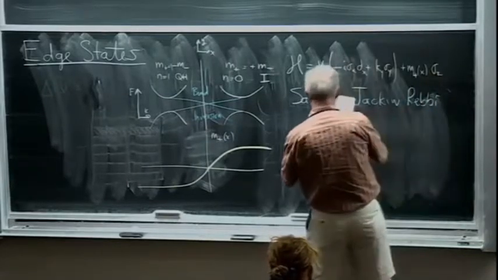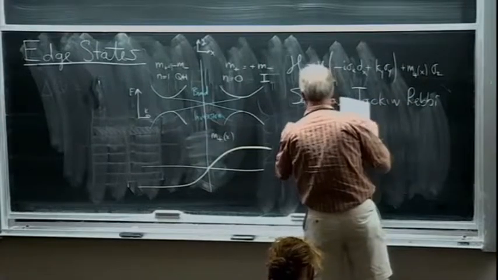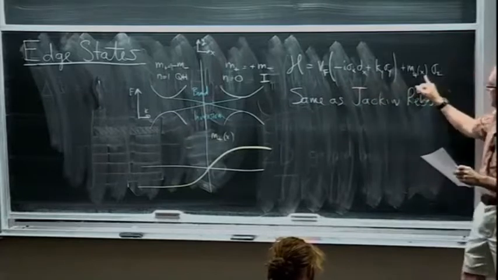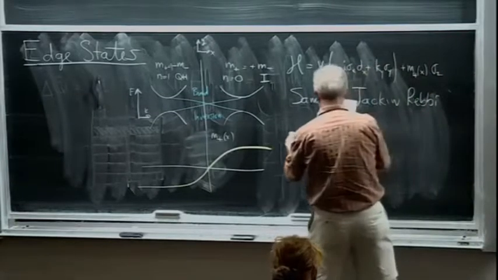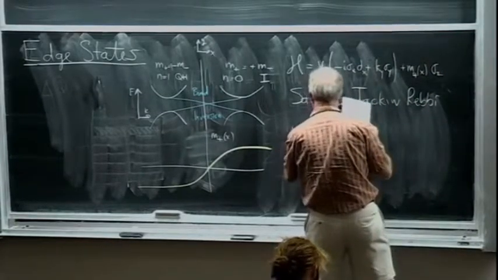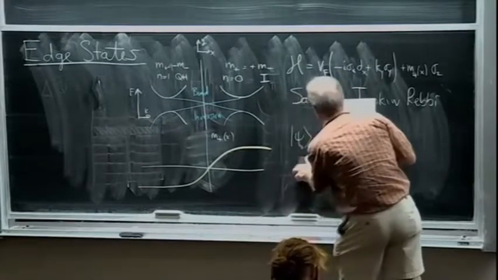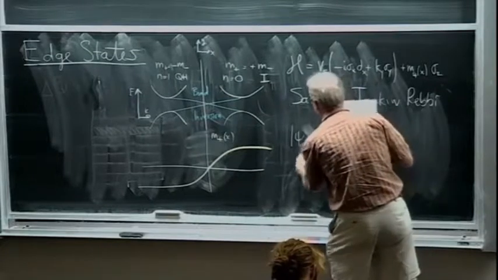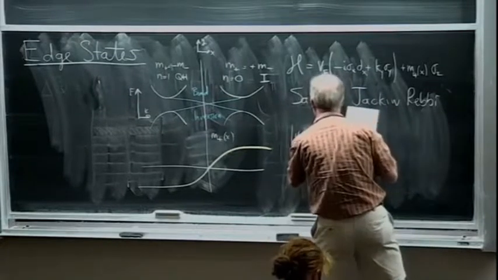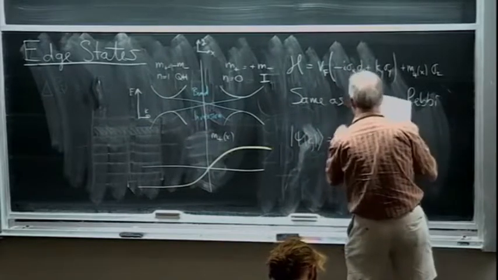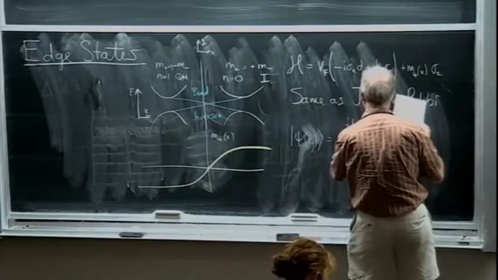Okay, and in particular, solving the problem in the x direction, I'll have a zero mode. So it's going to be a function of ky, and it's going to be a plane wave in the y direction.